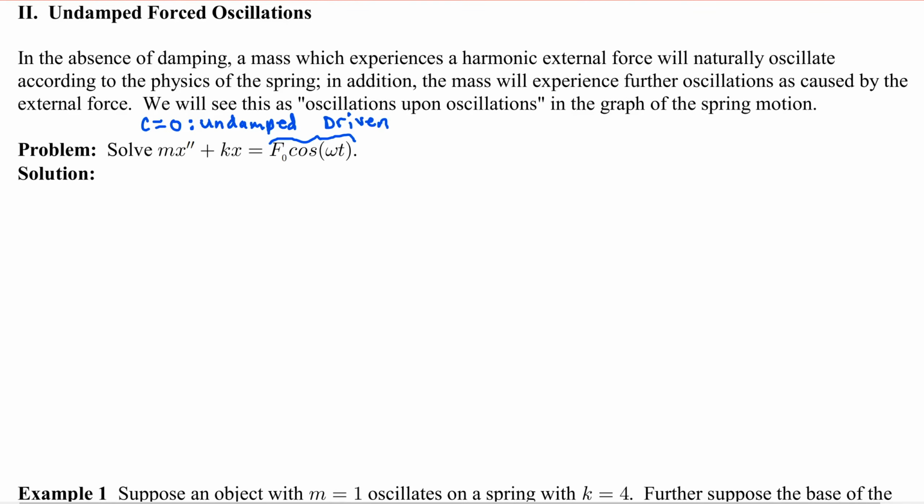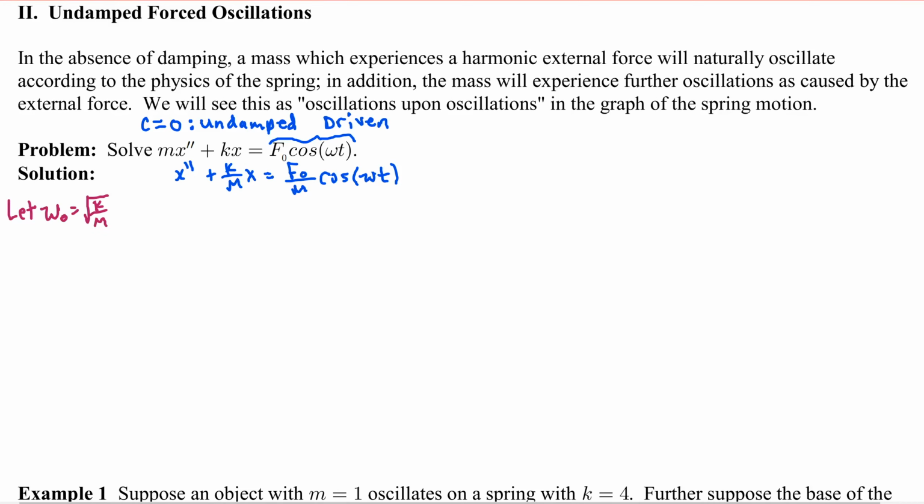To solve this differential equation in general at first, let's go ahead and divide through by m. This is going to give us x double prime plus k over m times x equals F naught over m times cosine of omega t. As we did previously, let's define new parameter omega naught to represent the square root of k over m.